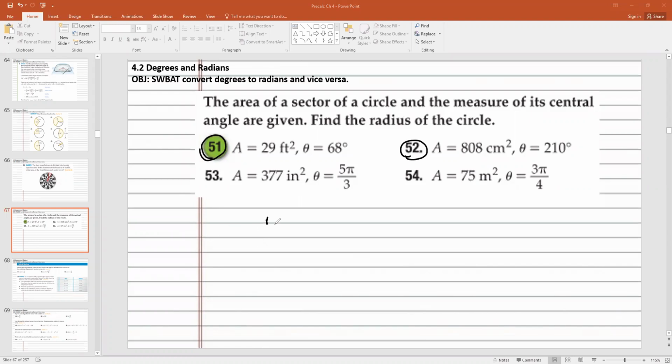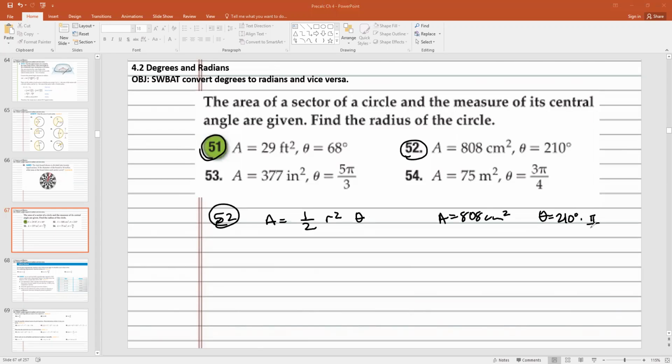All right, so we need our formula. A equals 1/2 r squared times theta. We have our A, which is 808 centimeters squared. Our theta is in degrees. Let's change that to radians.